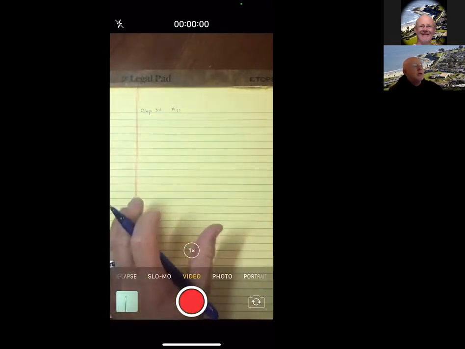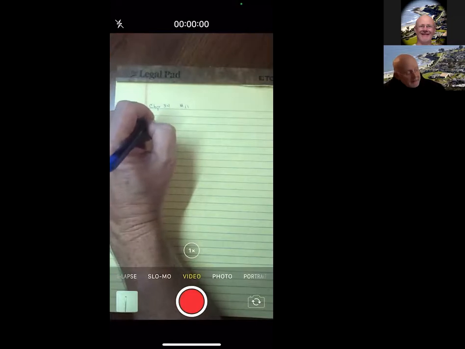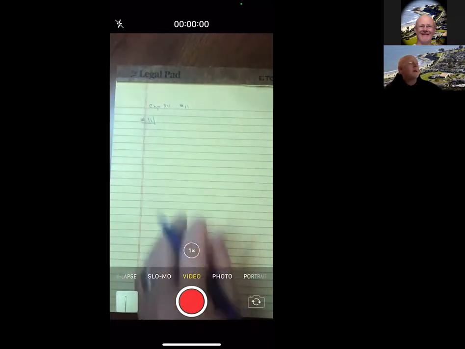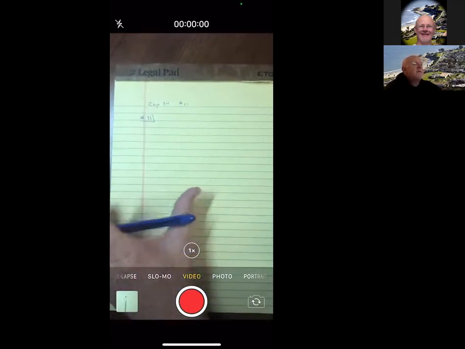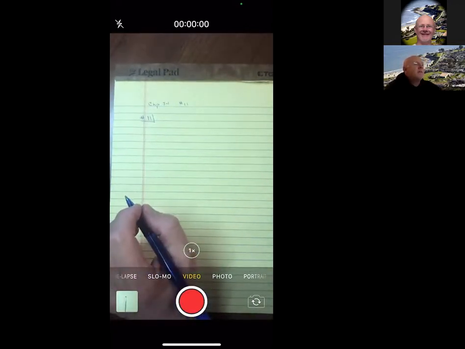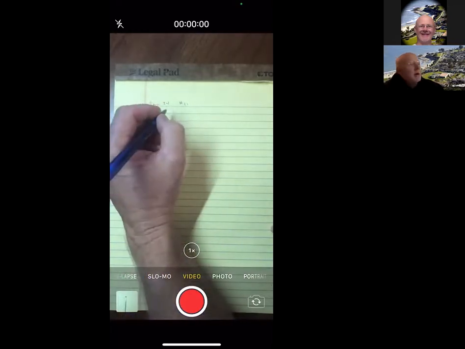All right. So number 11 says the following. Number 11 says in SI units, the electric field of an electromagnetic wave is given by this equation. So maybe I better write that down.